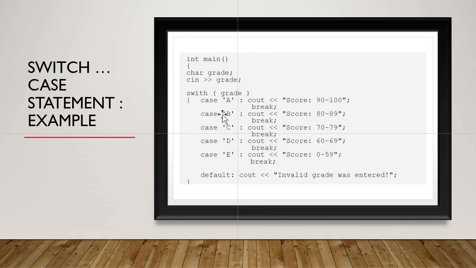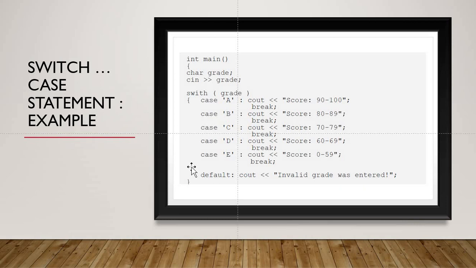Let's say the user entered F and none of these cases match the input F. What happens? The compiler will go to default. After checking case A no, case B no, case C also no, case D also no, case E also no, the user entered F, so it will go to default and print out invalid grade was entered. So if you want to develop a program and avoid problems when the user enters invalid input, you can give a default option for that kind of situation.